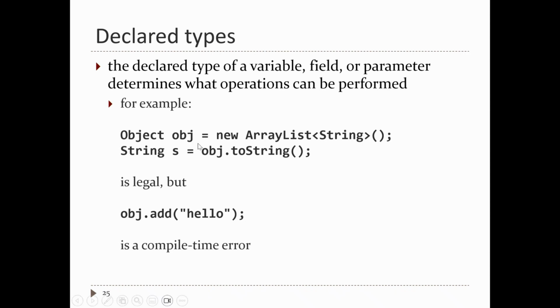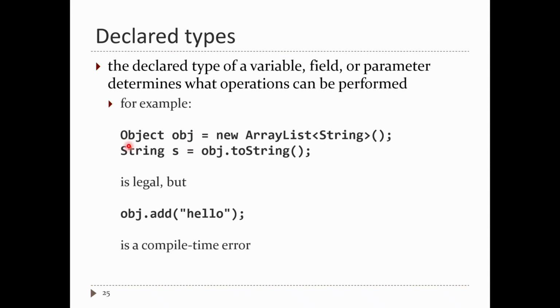Now, what can I use obj for? Well, Object has a toString method, so I can definitely call toString. ArrayList has an add method, but I can't call add using obj, because as far as the compiler is concerned, obj is an Object.